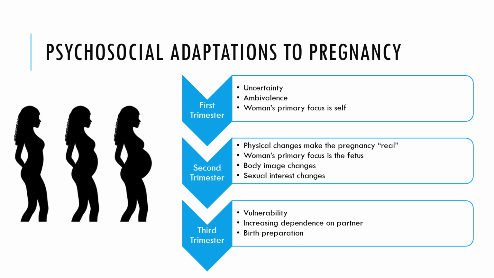Another thing you may see is nesting behavior. And so nesting is where the woman starts to prepare her home, like getting clothes, getting furniture, making sure the baby's got somewhere to sleep, just starting to divide up tasks among her and the partner. So you may see some nesting behavior as it gets closer to time for delivery.